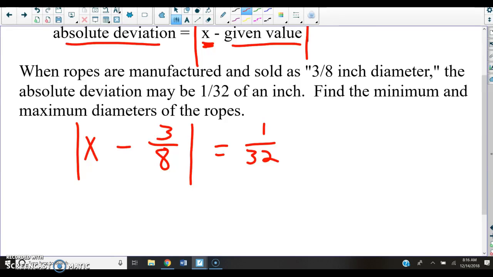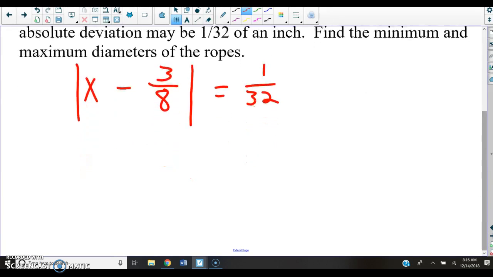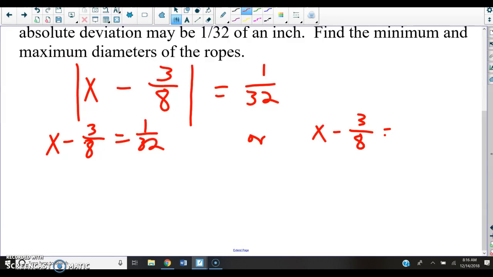When we do this problem, just like the other absolute value problems, we are going to split it. x minus 3/8 equals 1/32, or x minus 3/8 equals negative 1/32. Now you know I'm a fractions person, so I'm going to make this 3/8 into 12/32.